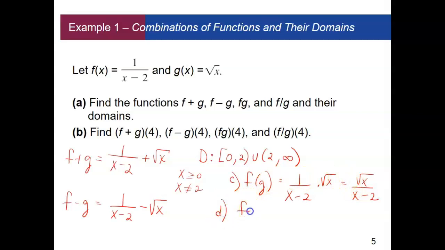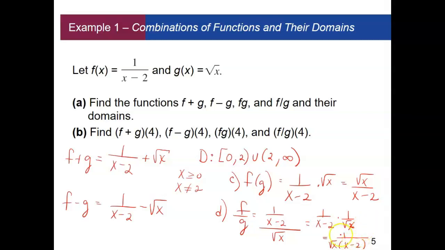And then on D, f divided by g, that's going to be 1 over x minus 2, and all that over the square root of x. So I'm going to do keep, change, and then flip. So I end up with, this should be an x, 1 over the square root of x times x minus 2.